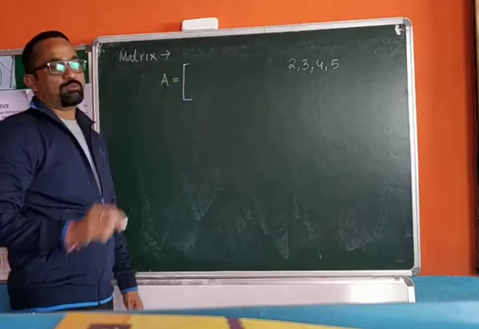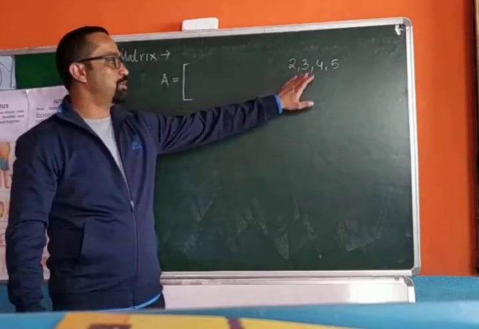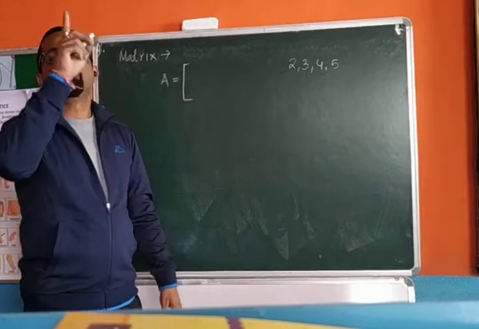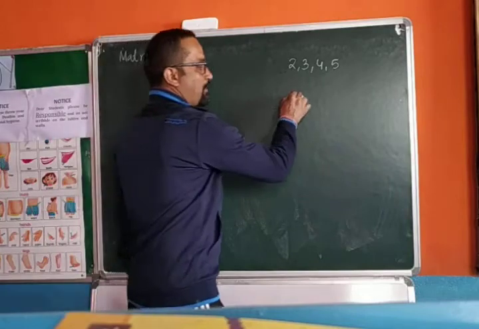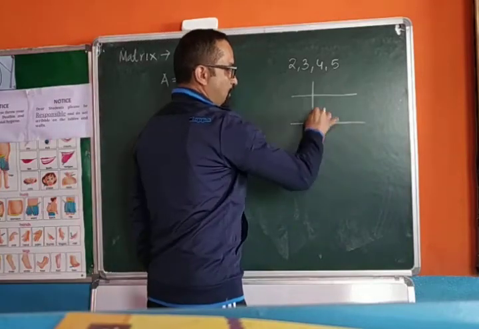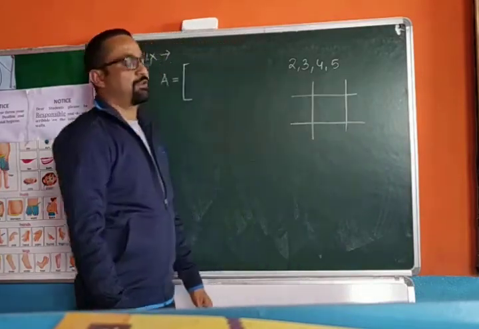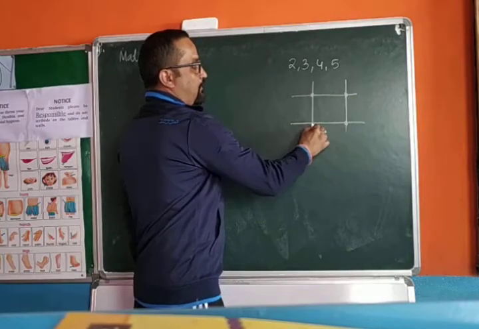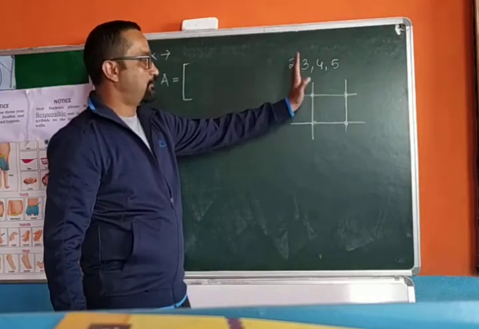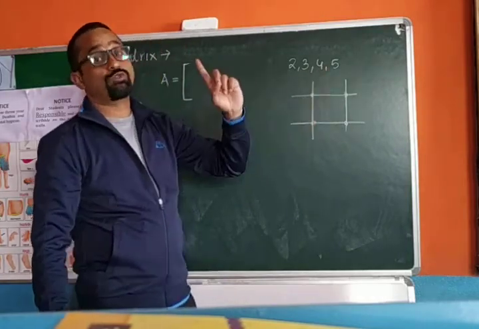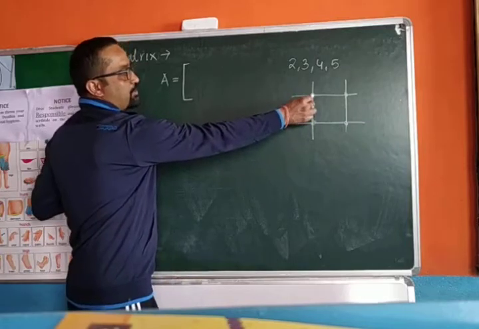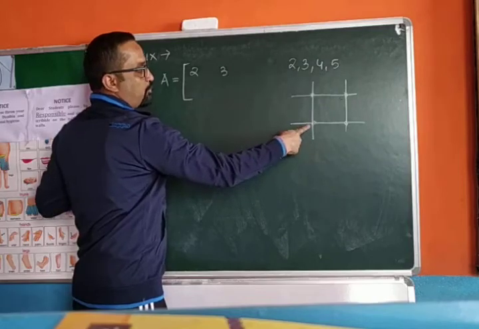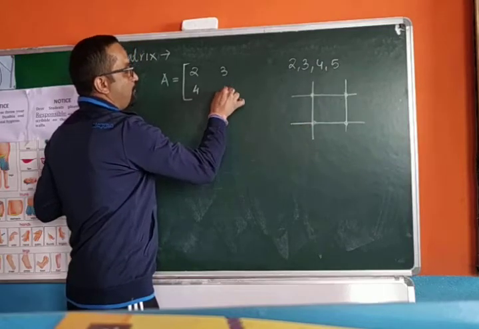You need to open the bracket and arrange these numbers in the form of horizontal rows and vertical columns. At the intersection of these rows and columns, you need to write down the numbers. So you have the first intersection here, 2, second intersection 3, then 4 and 5.